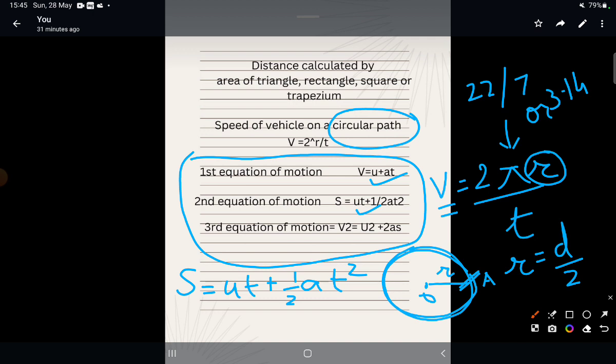And the third is V square is equal to U square plus 2AS. These are the three basic equations of motion which you need to formulate whenever you are doing any numerical.